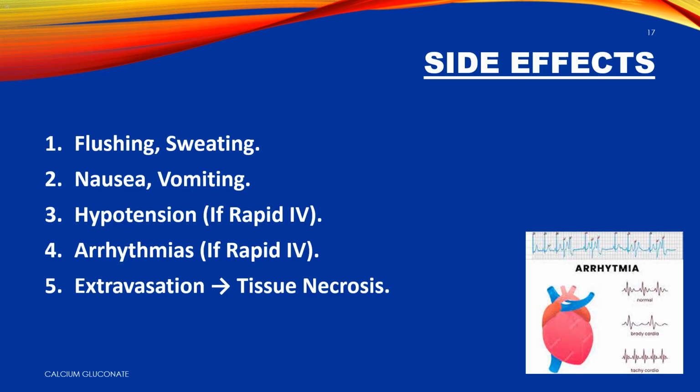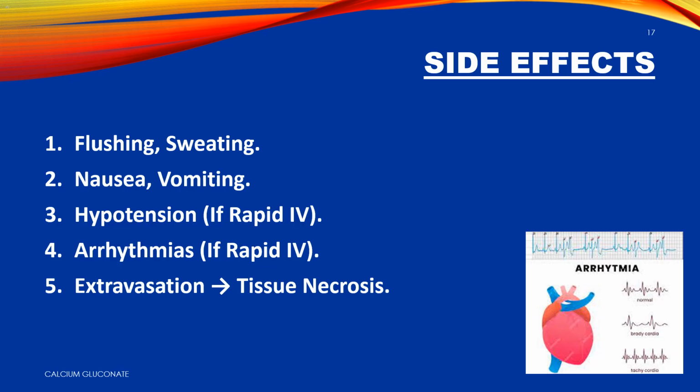Side effects of calcium gluconate. 1. Flushing, sweating. Some patients may experience flushing or sweating due to the effects of calcium gluconate on blood vessels and circulation. 2. Nausea, vomiting. Gastrointestinal side effects like nausea and vomiting can occur, especially with rapid administration or high doses. 3. Hypotension.